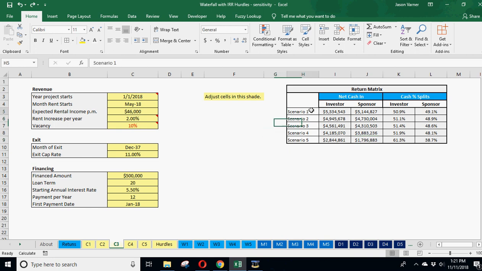All these scenarios have the same amount of money invested by the investor. So obviously they want 5 million rather than 1.8 million. And they're saying if you can give me 5, I will give you half of it almost. Rather than here the sponsor only at 38%, and that's going to be 38% of a lot less.